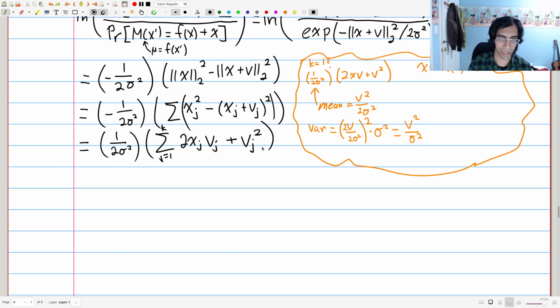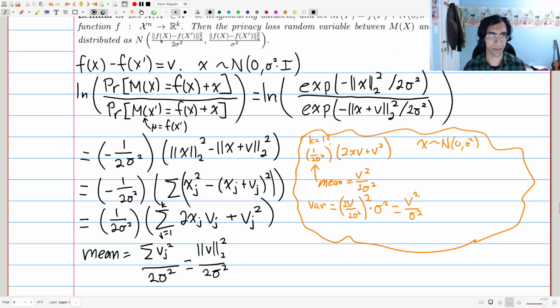But if we look at the rest of this, this will have mean equal to the summation of vj squared divided by 2 sigma squared. And this is equal to the L2 norm of v squared over 2 sigma squared. So remember, this is exactly what we were going for. This is the mean that we were targeting.